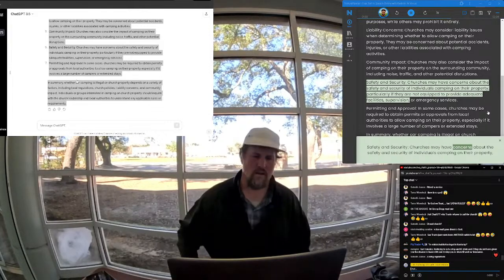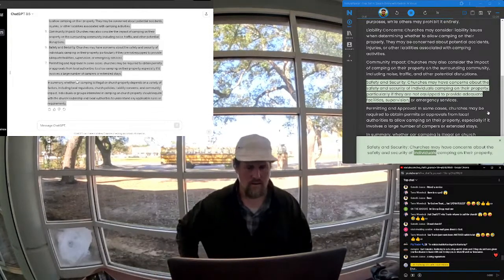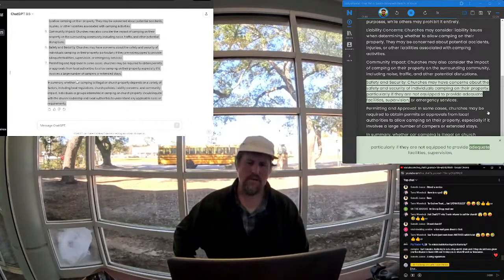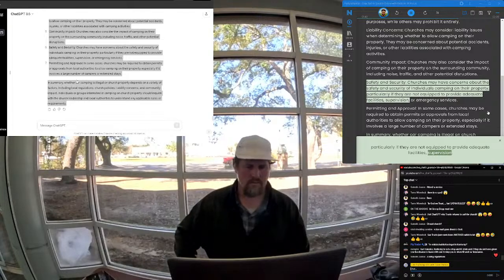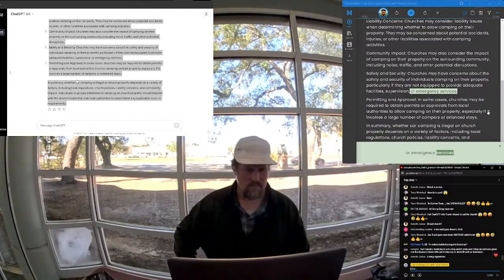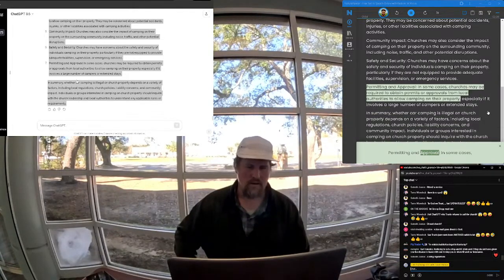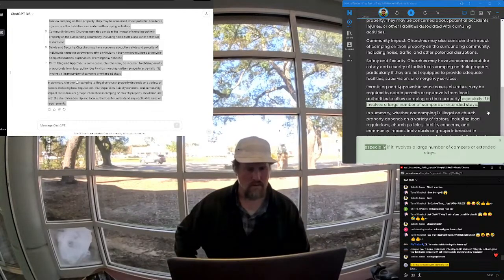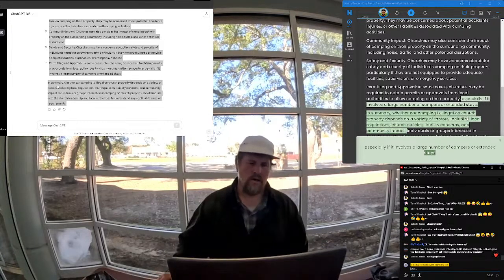Churches may have concerns about the safety and security of individuals camping on their property, particularly if they are not equipped to provide adequate facilities, supervision, or emergency services. Permitting and approval. In some cases, churches may be required to obtain permits or approvals from local authorities to allow camping on their property, especially if it involves a large number of campers or extended stays.